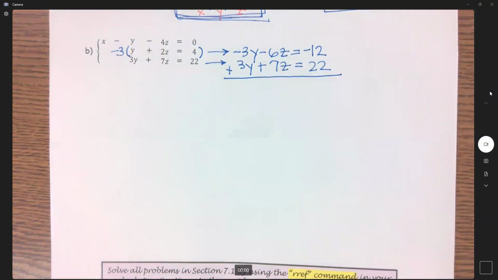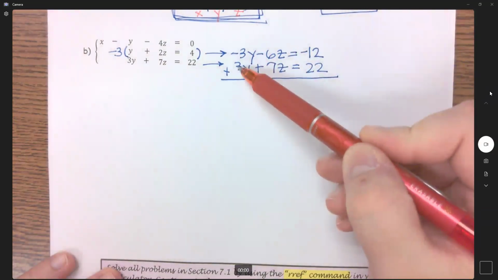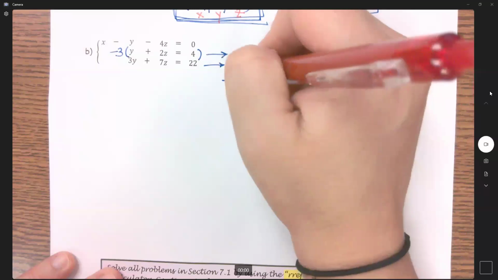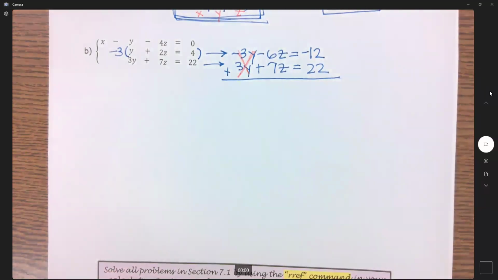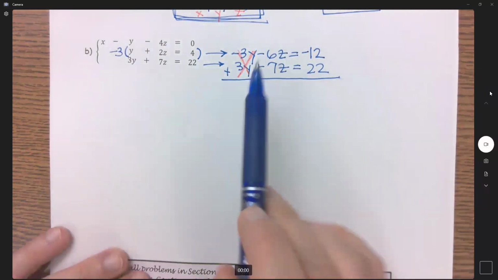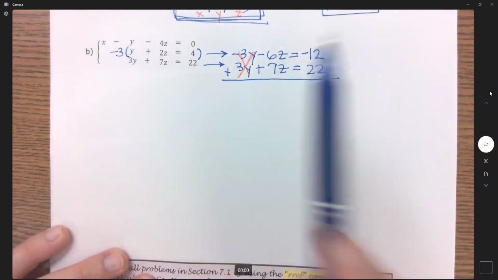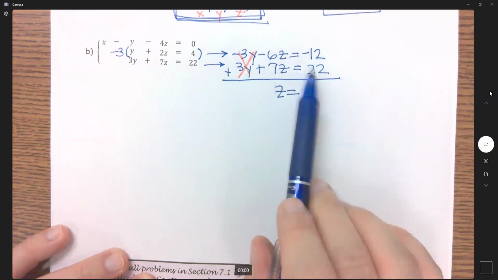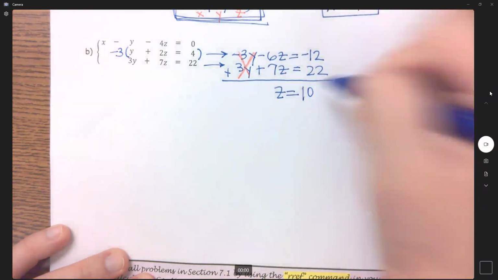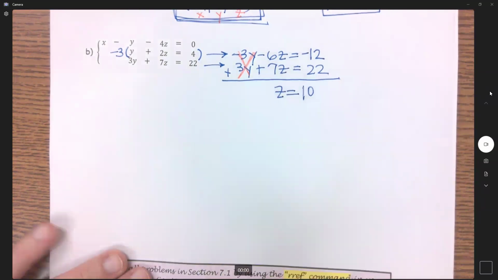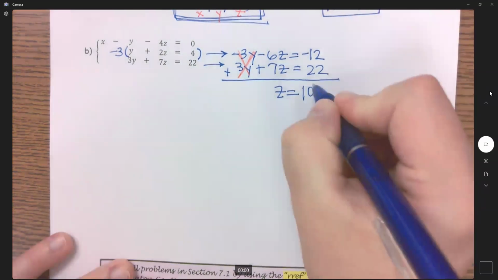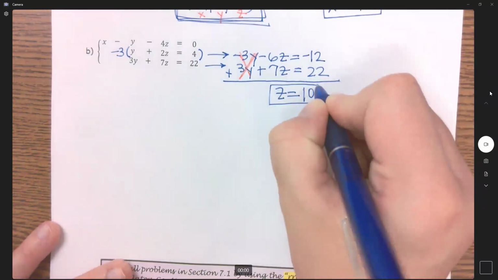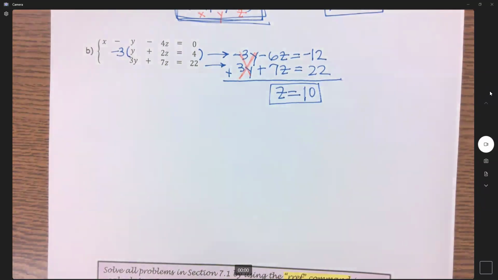We're going to add what we have left. So positive y and -3y, those are eliminated, which was the goal. So add what's left. -6 plus 7 gives me 1, or just z. -12 plus 22 gives me 10. So by eliminating those y's here, I have solved for z.